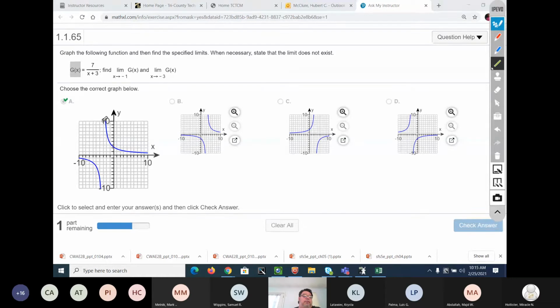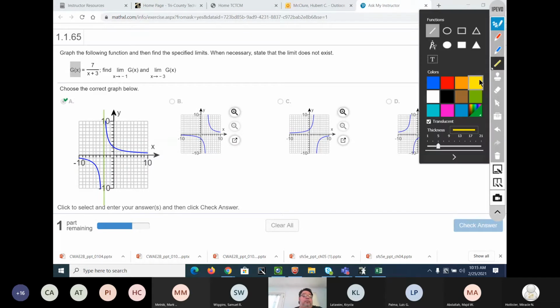All right, there's your vertical asymptote. So when you approach an x, you've got to jump over that green line and keep going. We are approaching negative 1, so I'm going to put a short yellow line at negative 1, right here.